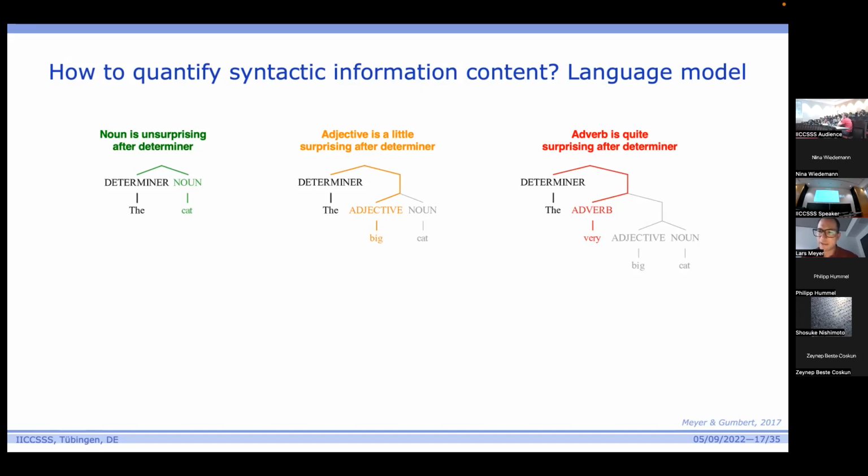You're expecting it less strongly based on your internal knowledge, language model, whatever. And then finally, if there's an adverb coming up with very, then this is probably even more demanding, simply because it's less expected. And it's less expected based on your grammatical knowledge, because that's categorical in this case: determiner, adjective, noun. And there's a certain probability for each of the categories to occur, right? And that's our labor that we wanted to assess.